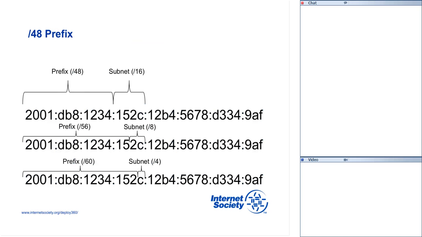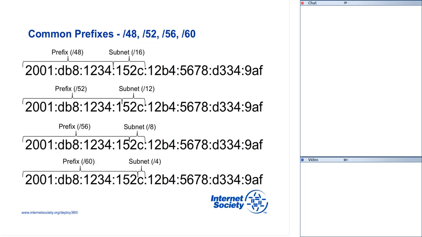Now, yesterday we talked a bit about how you might break things down for subnetting on what we call a nibble basis. And a nibble is the individual hexadecimal digit. And so you can see here a /48 lets you use all of these digits, the 15PC in this example. A /52 lets you use 3 of those as a subnet.